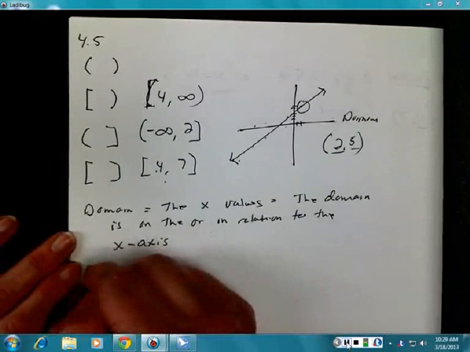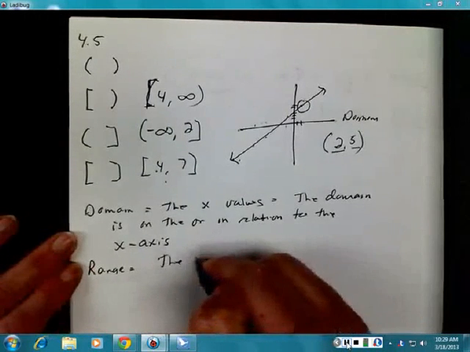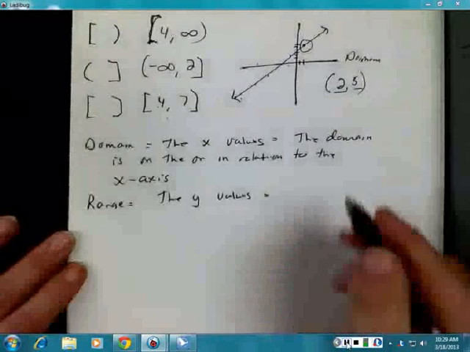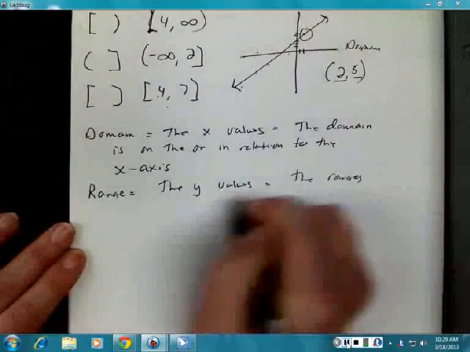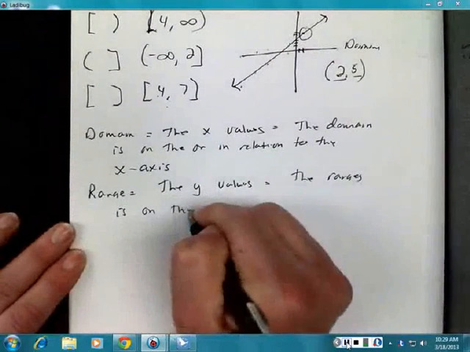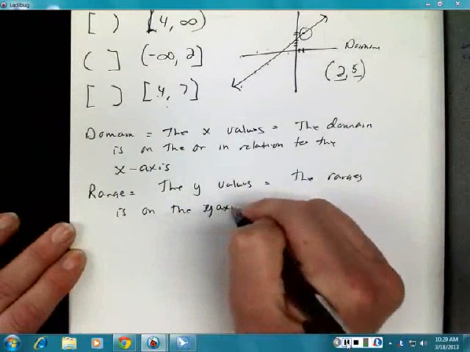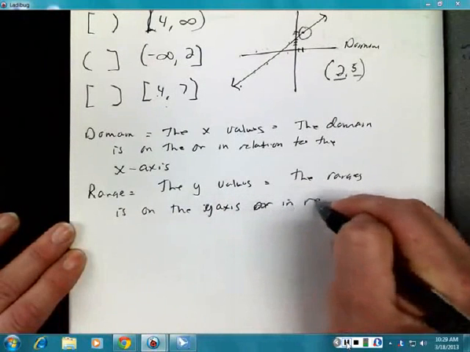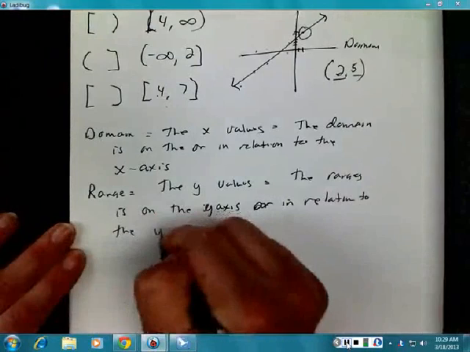Then range is the y values. And so if I look at my range, the range is on or in relation to the y-axis.